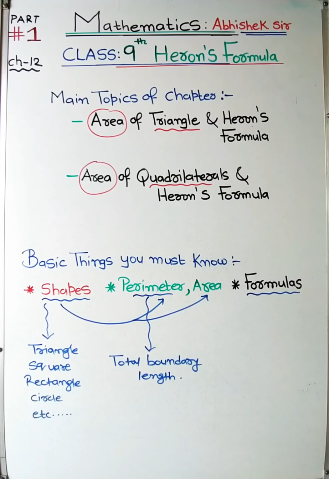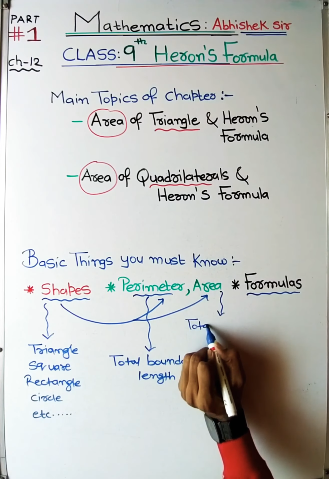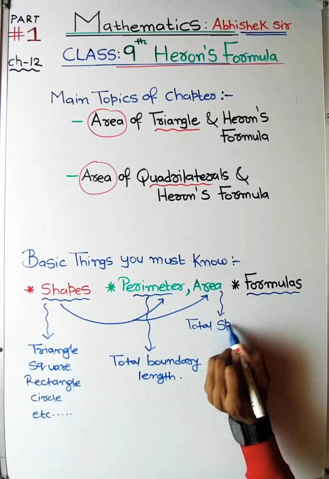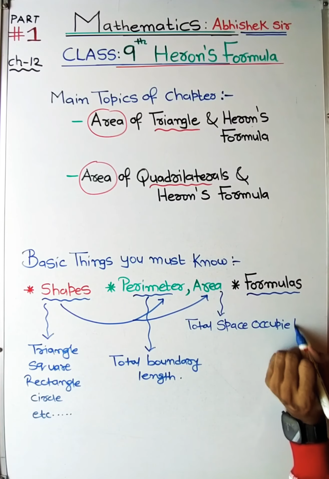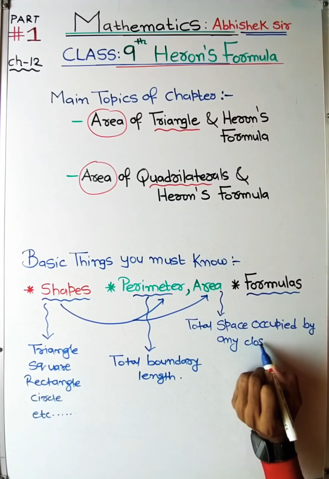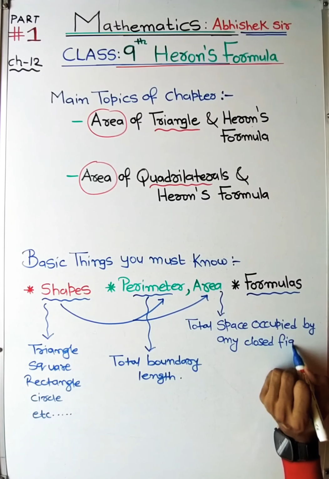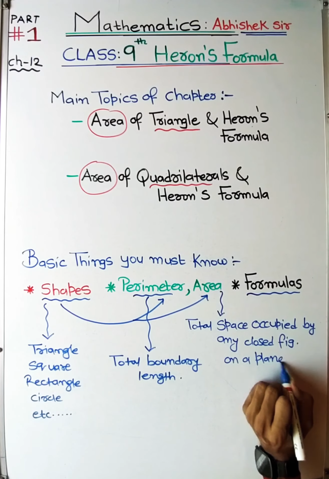If you add the measurement of the edges, if you go through the edges, then you will have the measurement of perimeter, right? While what is area? It is the total space occupied by any closed figure on a plane surface.